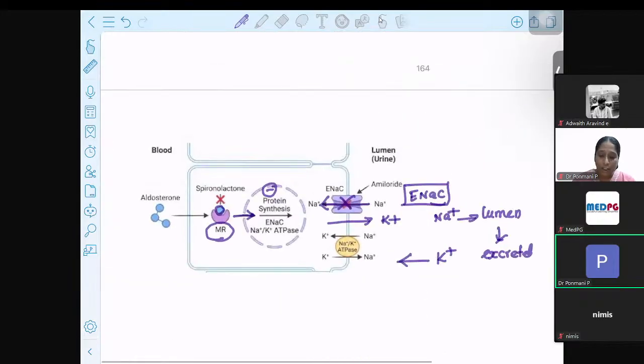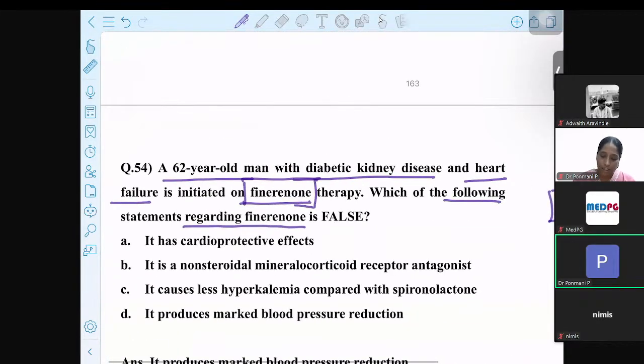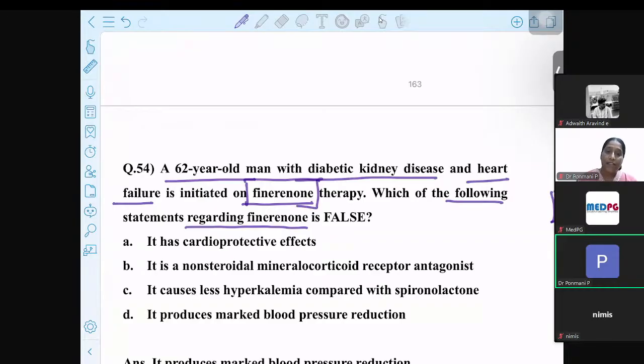Now we will look at the options which they have given here. So what have they given regarding finerenone? It has cardioprotective effects. Is it true or false? Yes, it is true. It is a non-steroidal mineralocorticoid receptor antagonist. Very true. Just now we saw it is the only non-steroidal mineralocorticoid receptor antagonist. It causes less hyperkalemia when compared with spironolactone.